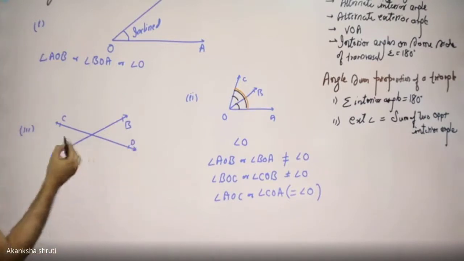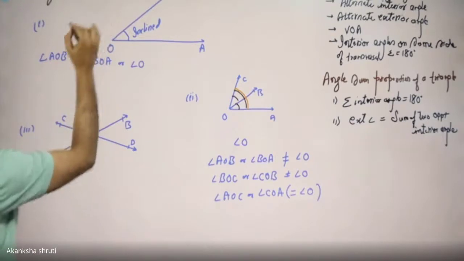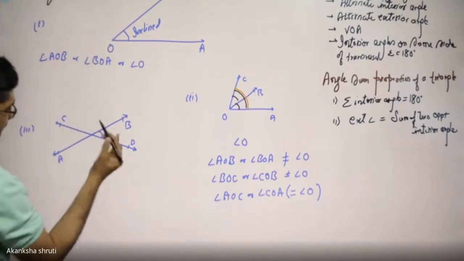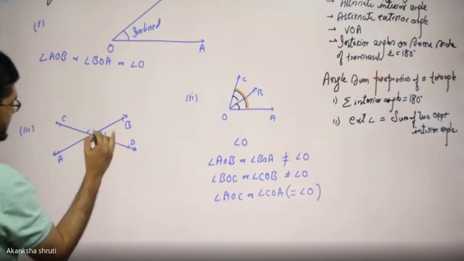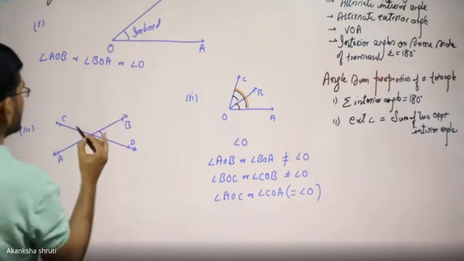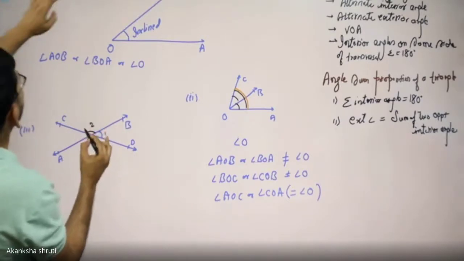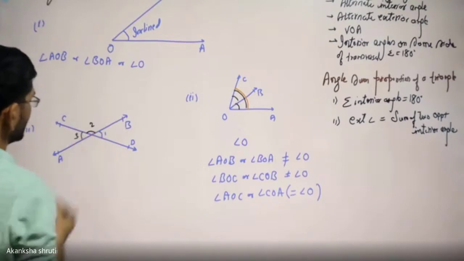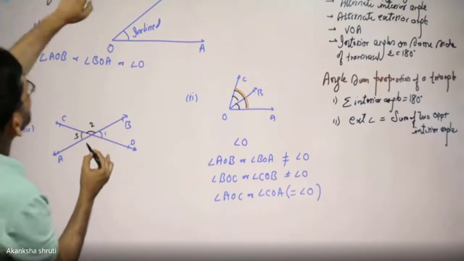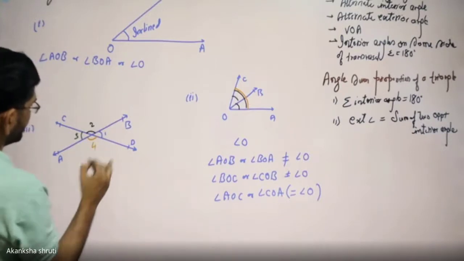Then the various angles are formed here. One may mark this angle as angle 1, the other this angle as angle 2, the other may mark this angle as angle 3, and this angle as angle 4.